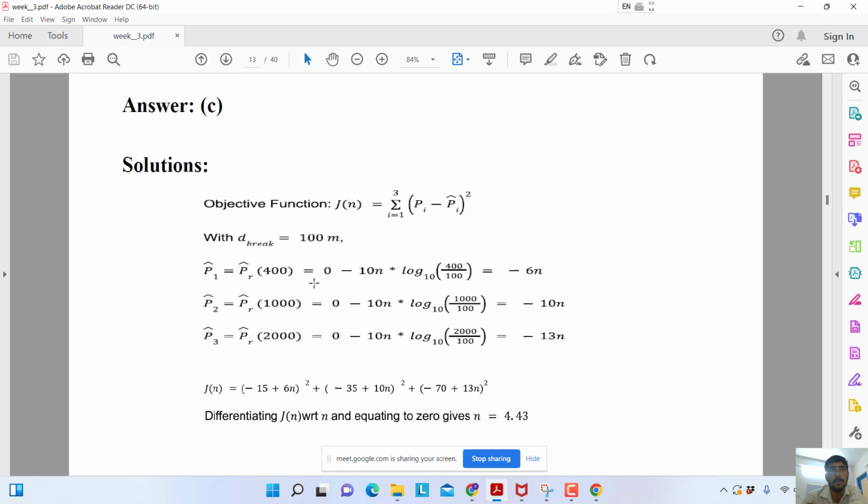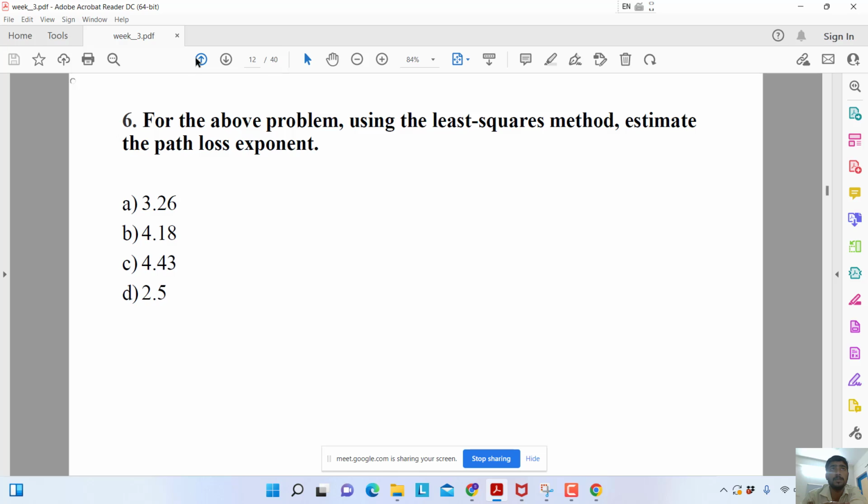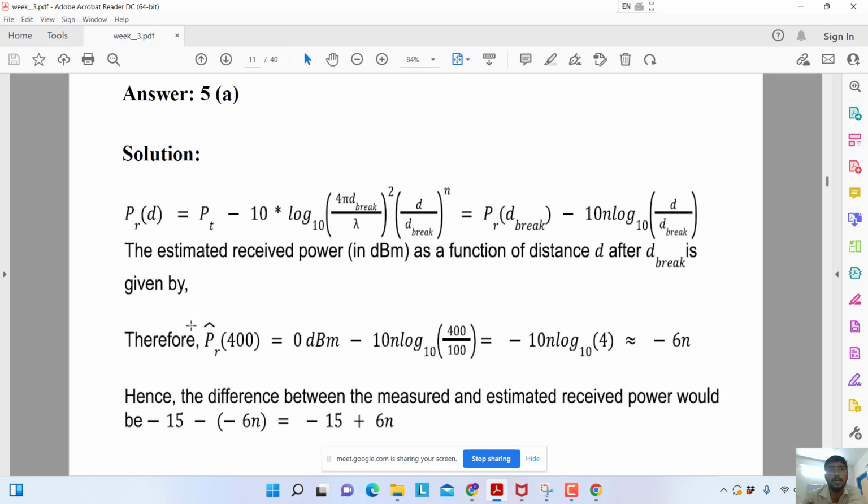Similarly, we just see how minus 6n comes. By using that formula, at the 400 meter, we got minus 6n. For the 400 meter, the estimated power is minus 6n. By using that formula, all is the same. We will only change the d, and d break is 100.